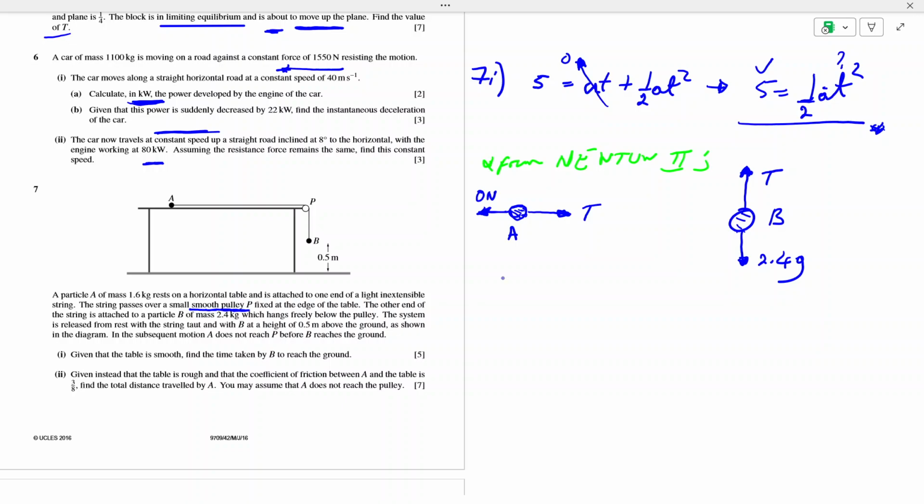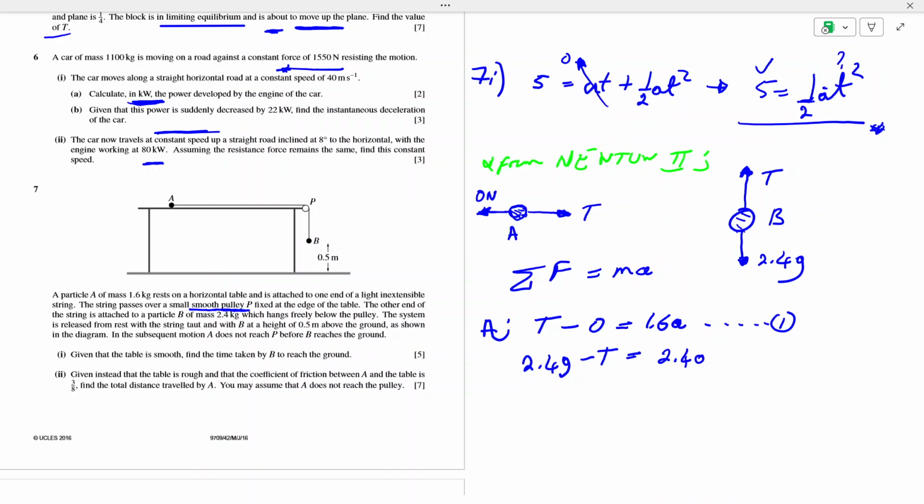From Newton's second law, force equals ma. For A, T minus 0 is equal to 1.6, which is the mass, multiplied by the acceleration. That's the first equation. The second equation is 2.4 g minus T equals 2.4 a.